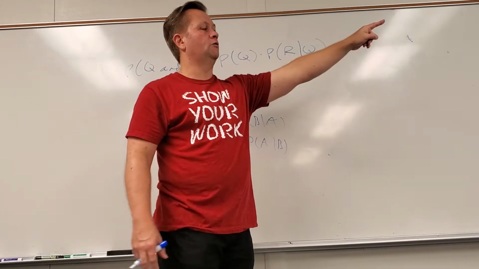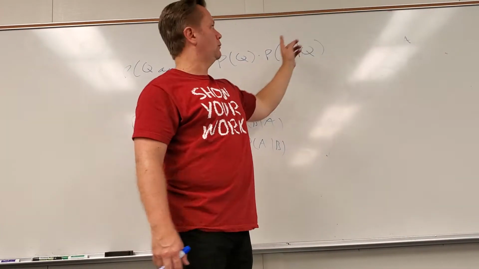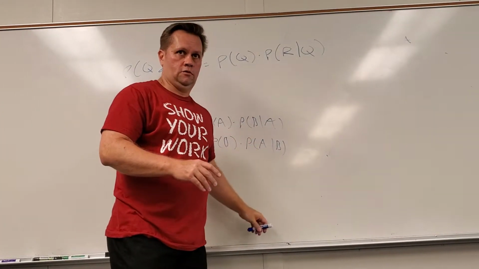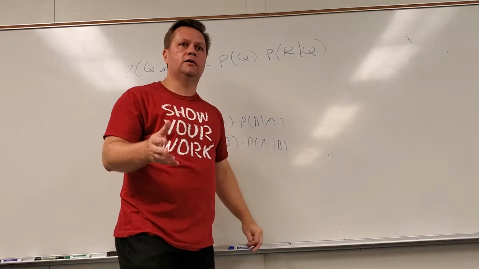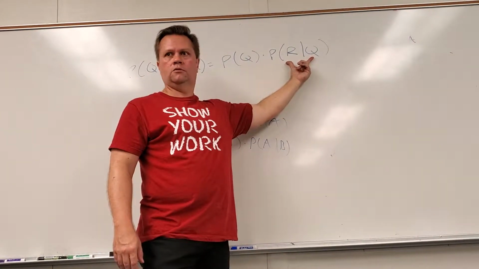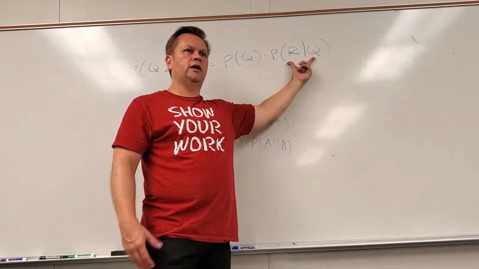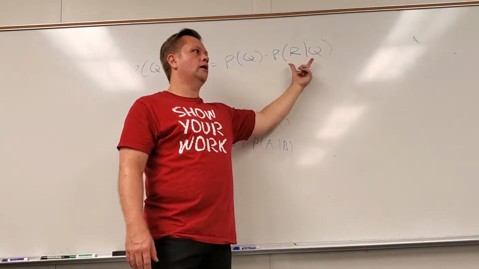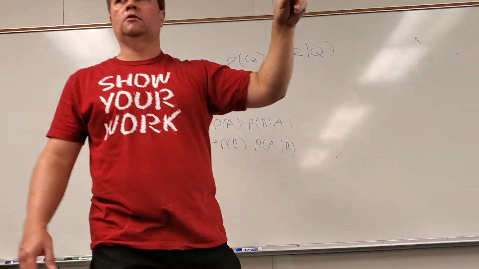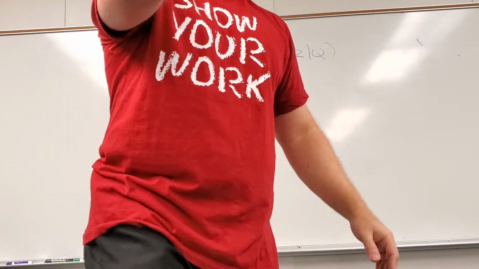If you write down what that means, you'll see what to do with this. If Q and R are independent, what's the probability of R given Q? 0.4. Don't tell me numbers, tell me the idea. If Q and R are independent, what's the probability of R given Q? The probability of R, not Q.